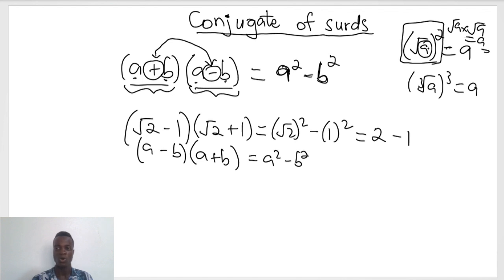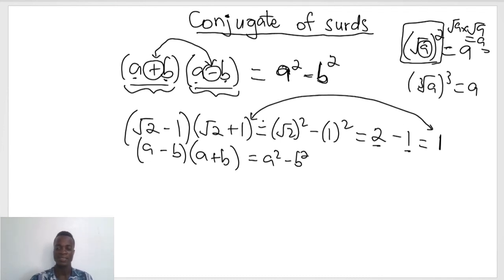So root a all squared is a. That's what we see here: root 2 all squared is just 2, and 1 squared is just 1. So 2 minus 1 is 1. You see that when we do the multiplication, we are just left with a rational number, which is 1.